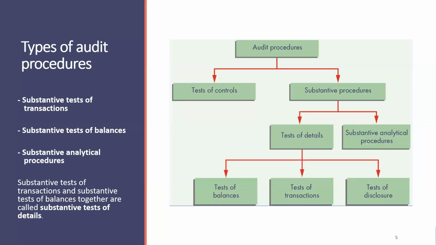So the analytic procedures we did in the audit planning were apparently used for audit planning purposes. But here, when we talk about the detailed audit testing procedures, we also mentioned the substantive analytic procedures. Are they the same, or are they actually a bit different? They are not always the same. So the substantive analytic procedures serve to provide audit evidence.